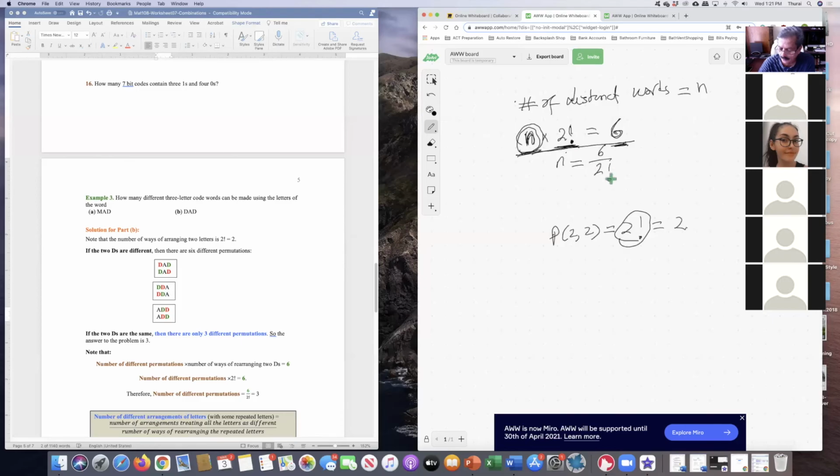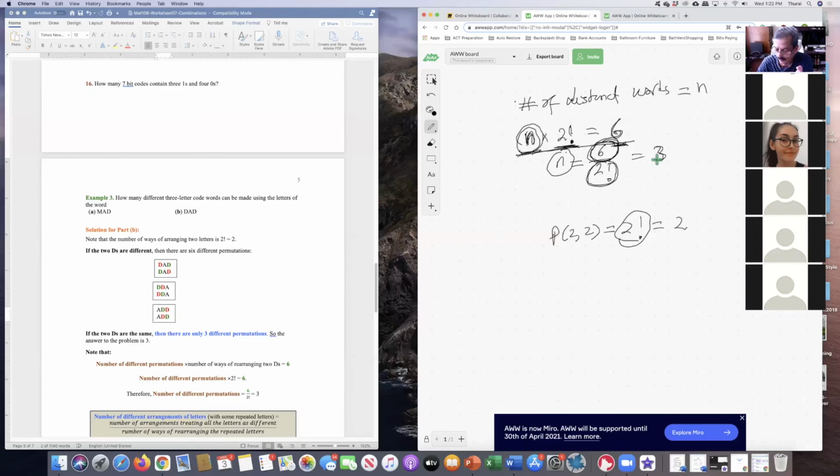What I'm trying to say is, to figure out how many distinct words there are, you first figure out how many words there are if the matching letters are actually different. If the 2 D's are considered to be different, then there are 6 words, right? You divide that 6 words by the number of ways of rearranging the 2 matching letters. That'll give you the 3, the actual distinct words.